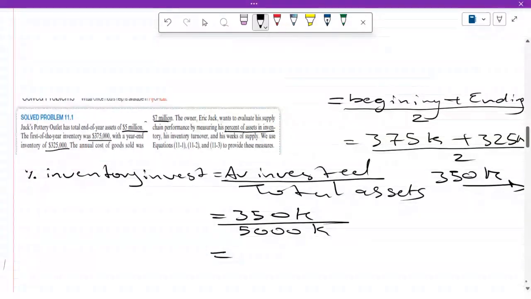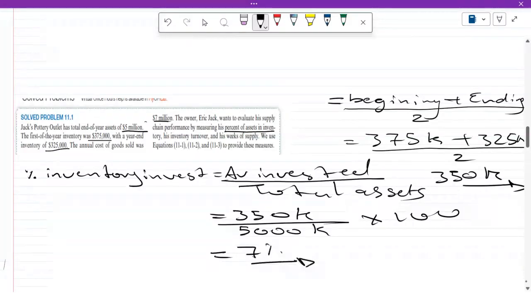Remember this is a percentage. I always forget this point. Multiply by 100. 0.07 multiplied by 100, you're getting the percentage, which is 7%.